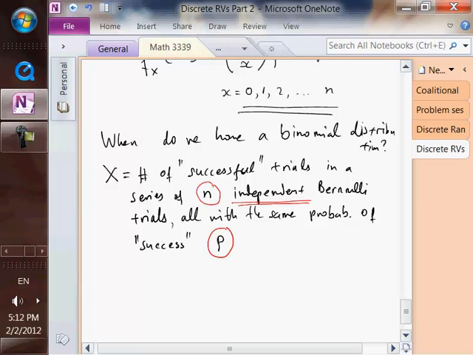And when you toss the coin, say tails is success, you don't change the success probability per experiment. What you call success should be the same throughout all of those trials, equal to 0.5. So that's a typical example of a Bernoulli trial.